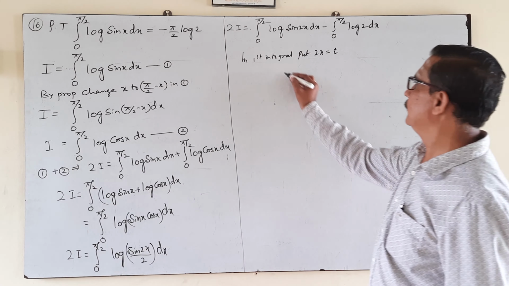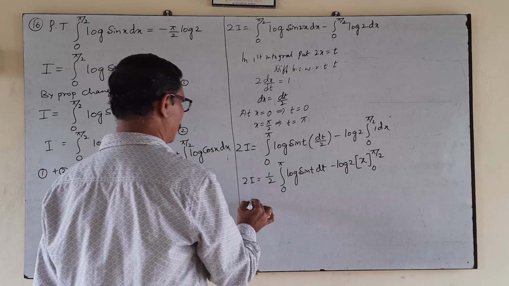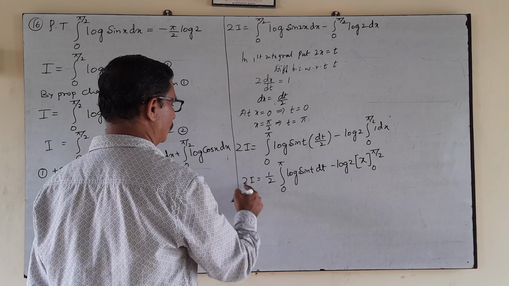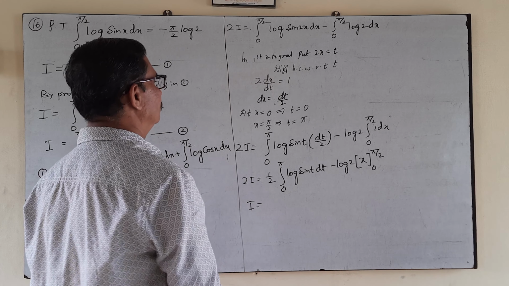Now integrate: integral of 1 with respect to x is x, between the limits 0 to pi by 2. So I is equal to, cross multiplying, 1 by 4, integral from 0 to pi of log of sin t with respect to t, minus log 2, putting x equal to upper limit pi by 2 minus lower limit 0.